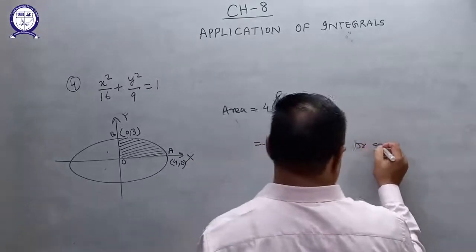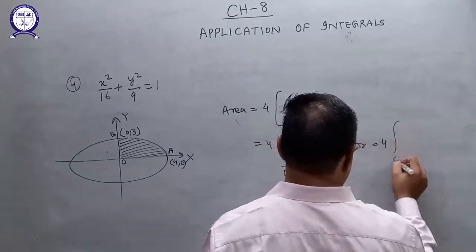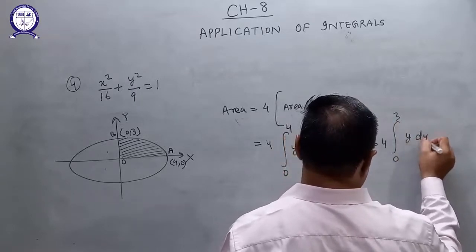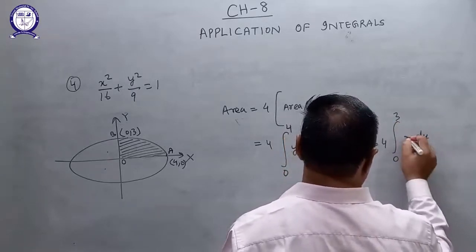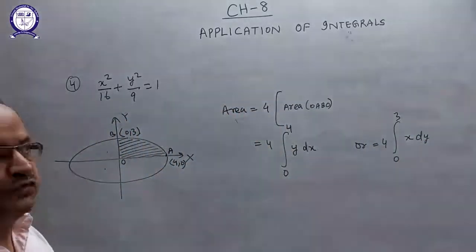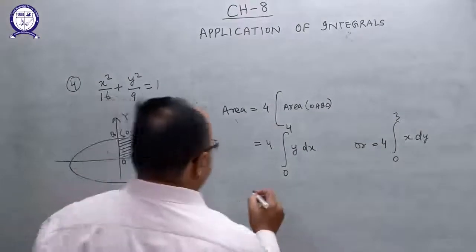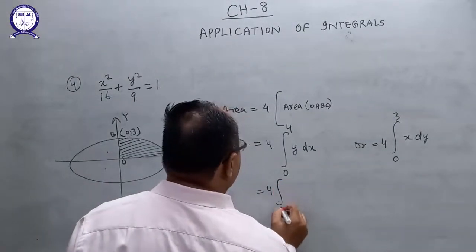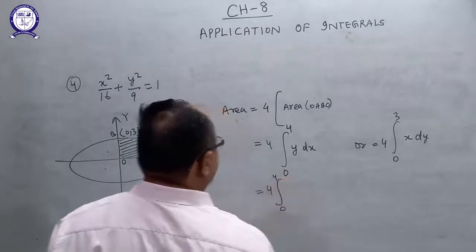Or if you want to take the limit 0 to 3, then put the value of x here. You can solve this question in 2 ways. That is 4 times the integral with limit 0 to 4 of y dx.